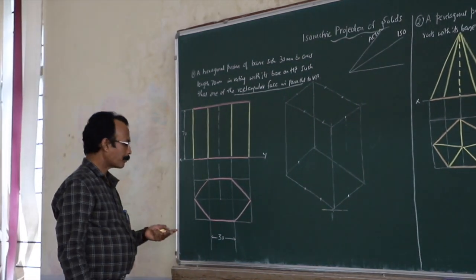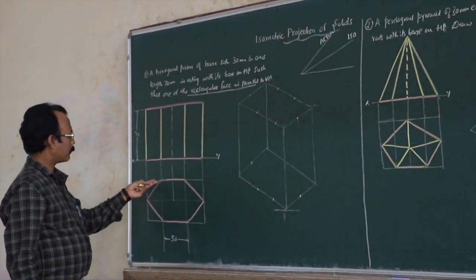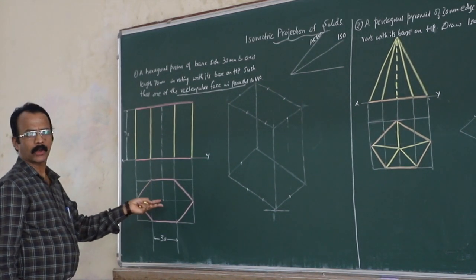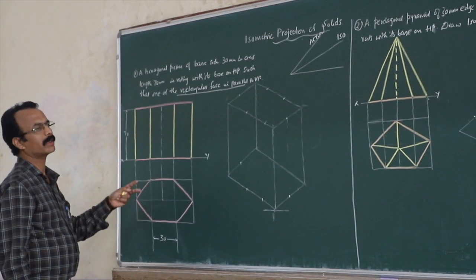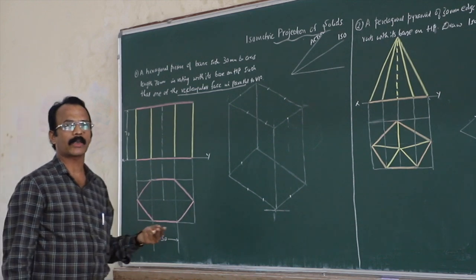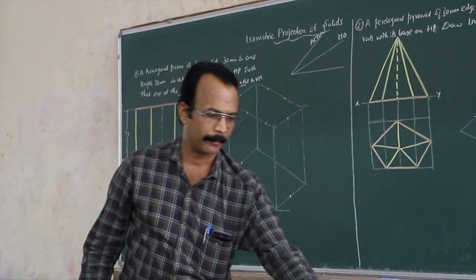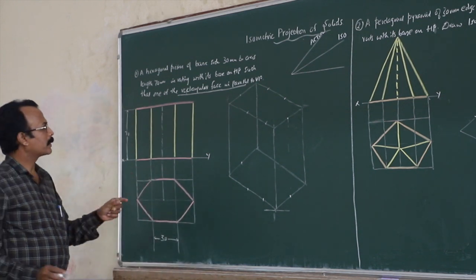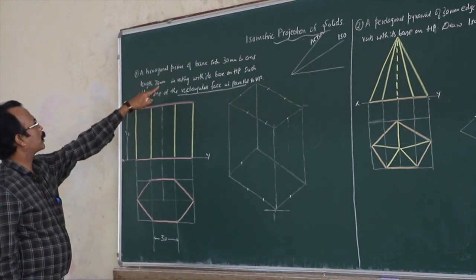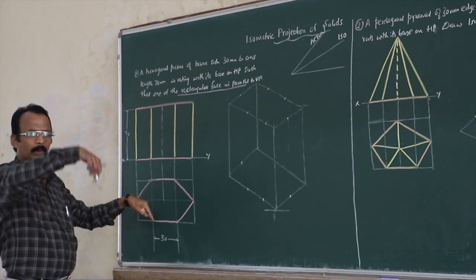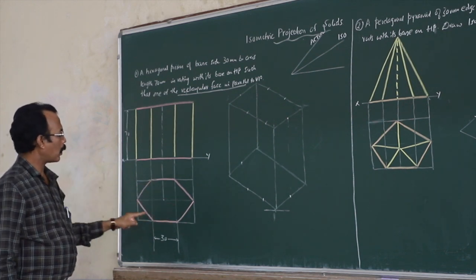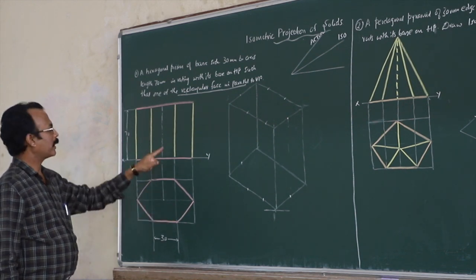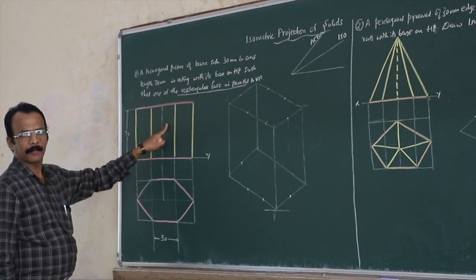Quickly, I have already drawn this to save time, since I assume you are thorough in your solids chapter. Whenever the prism is resting with its base on HP, in the top view you will get its true shape. Draw a hexagon in the top view, then draw its front view.